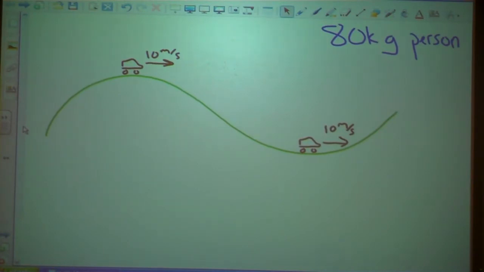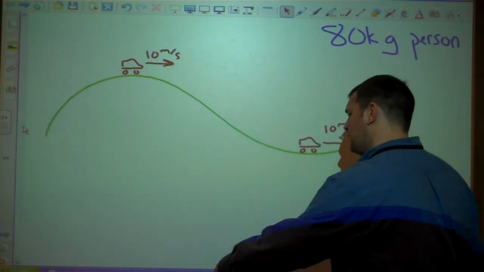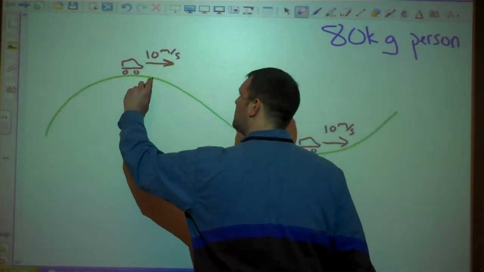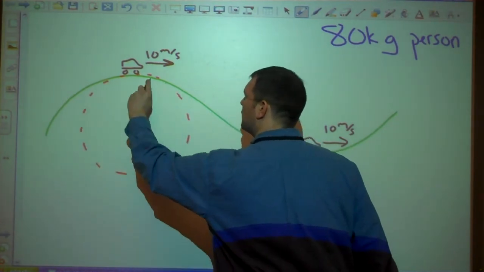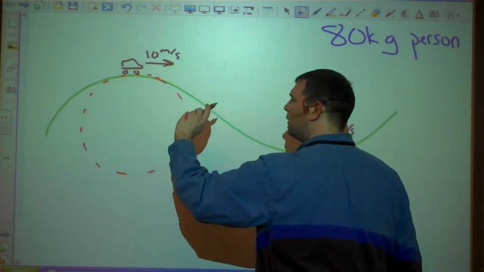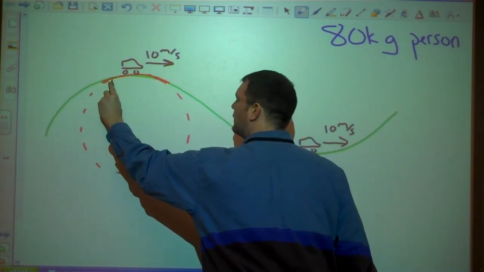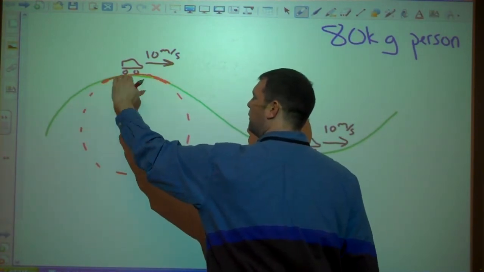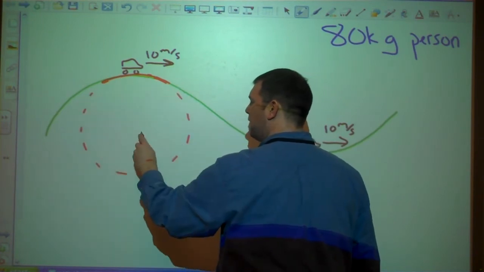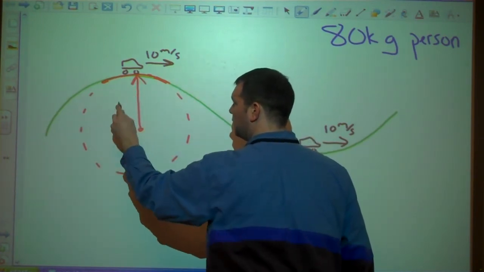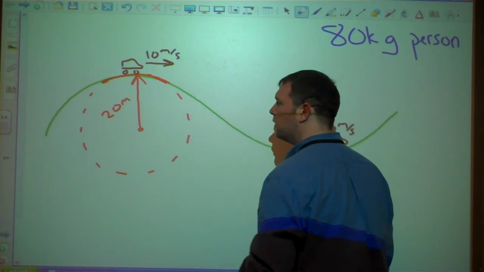But when I say that at the top of the hill the radius of the curve is 20 meters, what I mean is, if we took this hill right here and extended it like so, where I didn't do that very well, but hopefully you get the idea, where right here the arc of a circle matches up with the arc of the hill, then this would be a 20-meter radius.